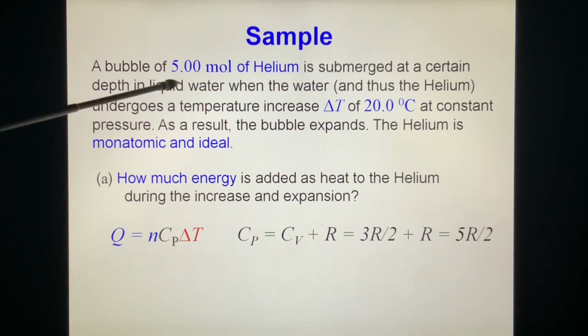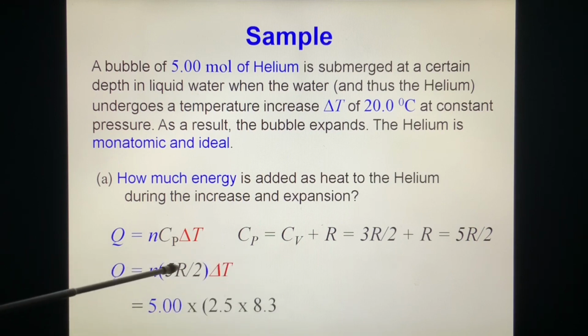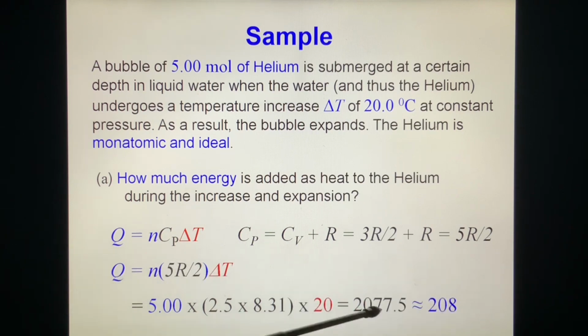And n is 5.0 moles. We put in these numbers: n is 5.00, 5/2 times 8.31, delta T 20. We get Q. Taking three significant figures, we get 208 joules.